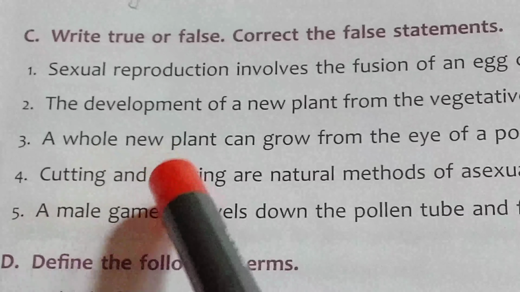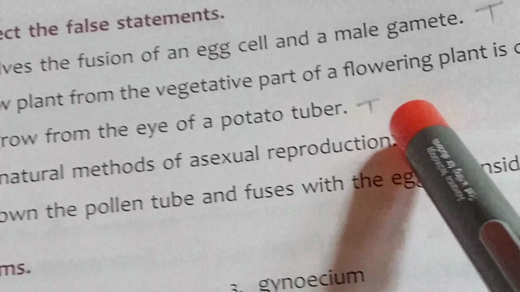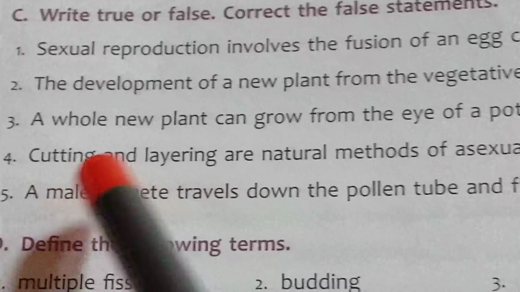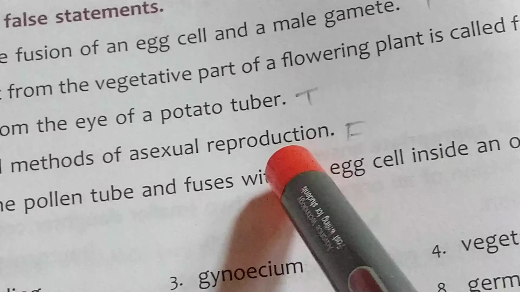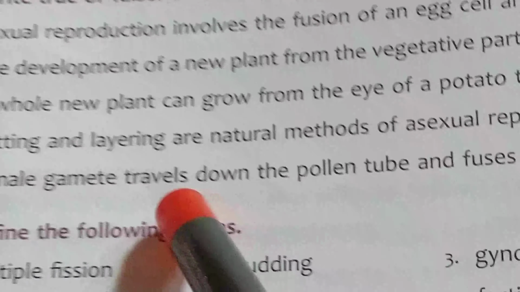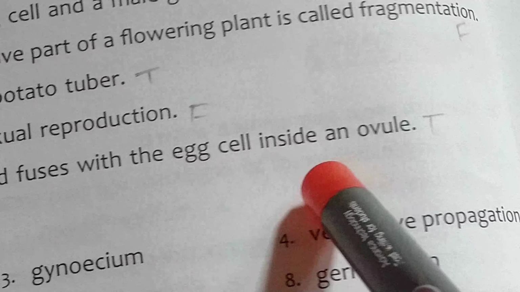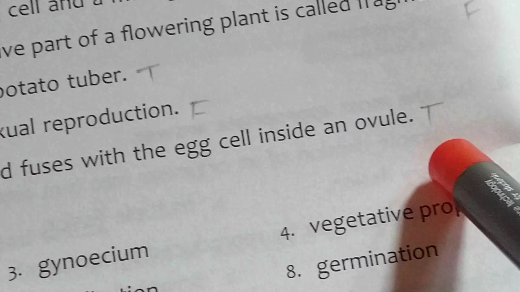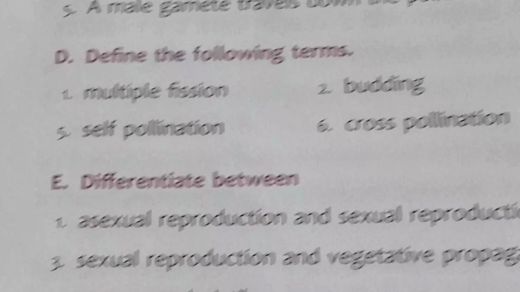A whole new plant can grow from the eye of a potato tuber. True. Cutting and layering are natural methods of asexual reproduction. False. A male gamete travels down the pollen tube and fuses with the egg cell inside the ovule. True.